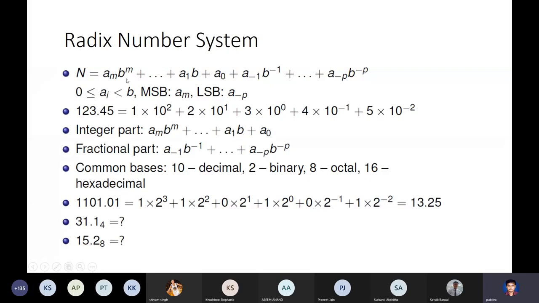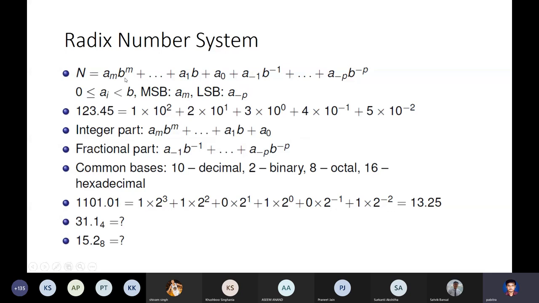You have a set of digits which we call a_(m-1) up to a_0, and then fractional parts a_(-1) up to a_(-p), and corresponding to each of these digits, depending on which position the digit appears at, you have a weight.